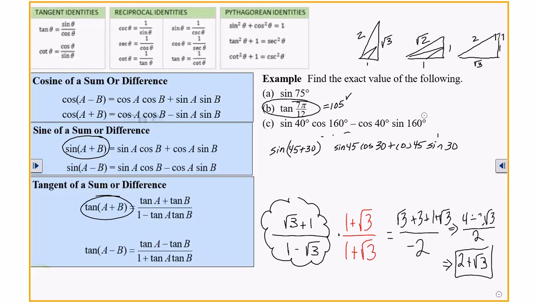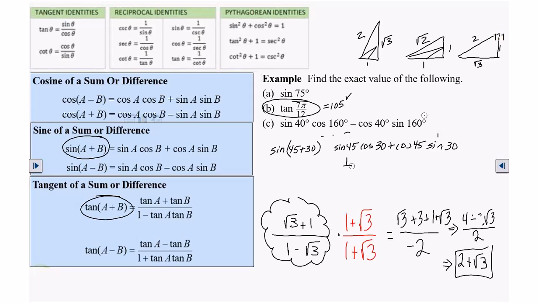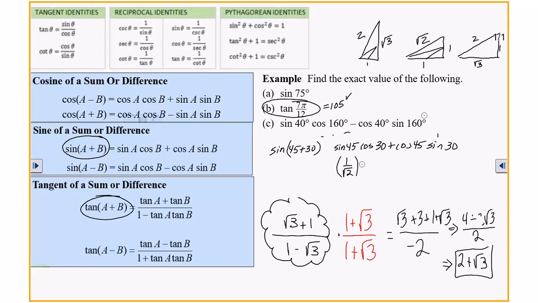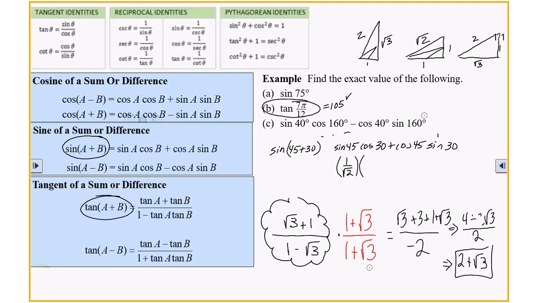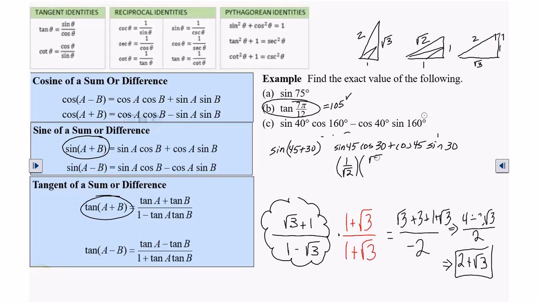The sine of 45 is 1 over square root of 2. Cosine of 30 would be what? Square root of 3 over 2. Y'all check it. That's it.